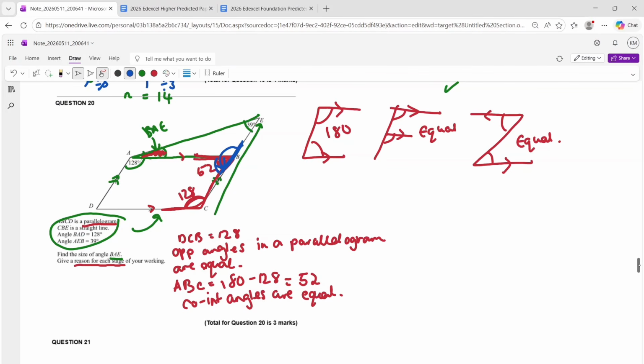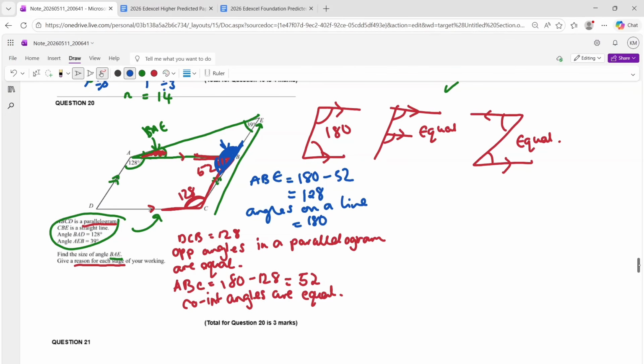Well, I already know that this bit's 52, so I can now work out this angle in here, which is angle ABE, or angle EBA, and that's going to be 180 minus 52 because of that straight line that I had. So that gives me 128, and that's because angles on a line equal 180. So again, I'm writing the reason down every time.